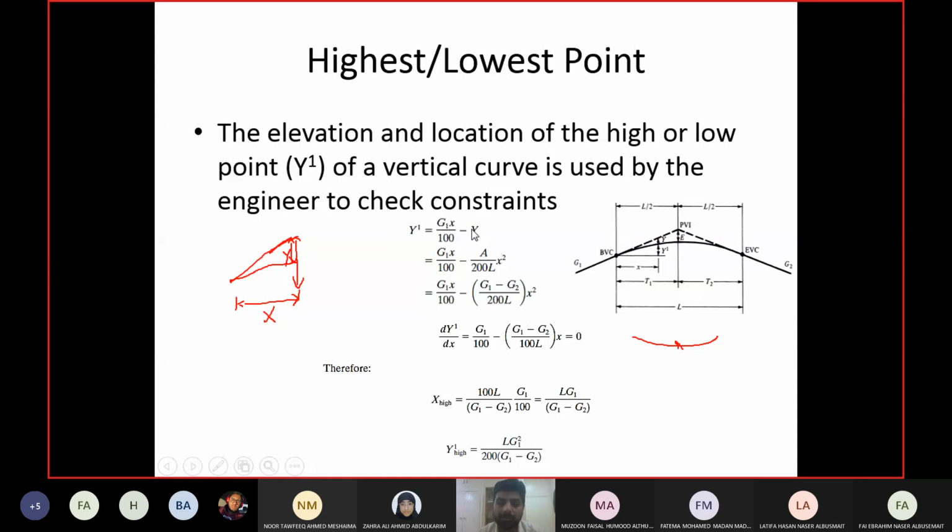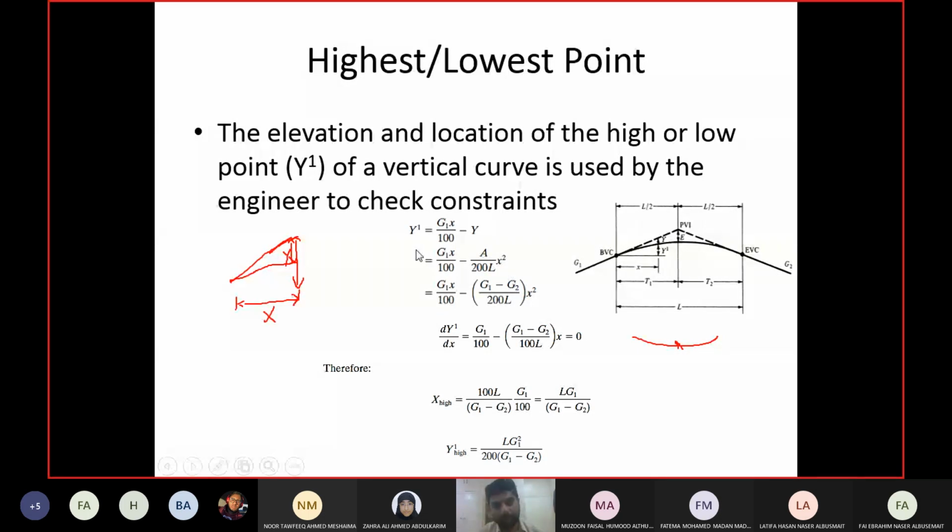And you see G1 is divided by 100. Why? Because G1 will be in percentage. So G1 into x upon 100 gives you the difference in elevation. This one minus y, and y we already know equals A upon 200L x square, from the previous slide.